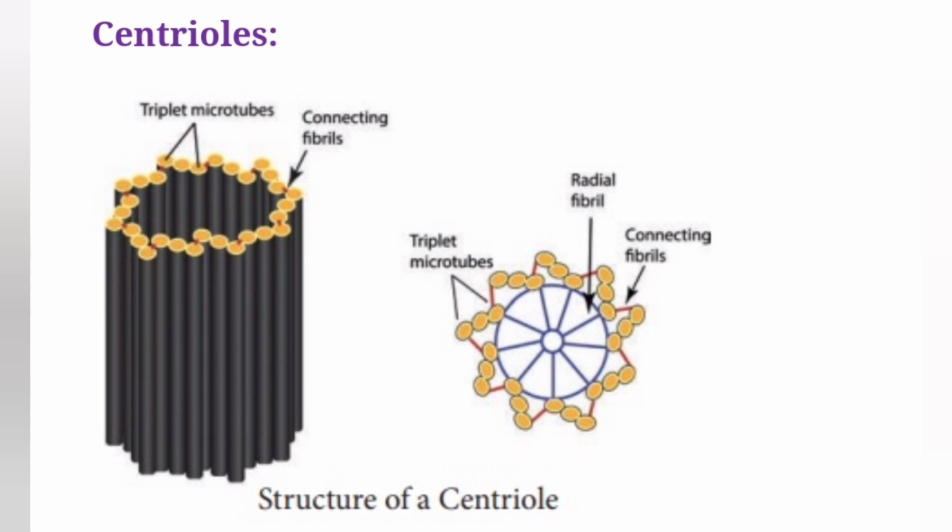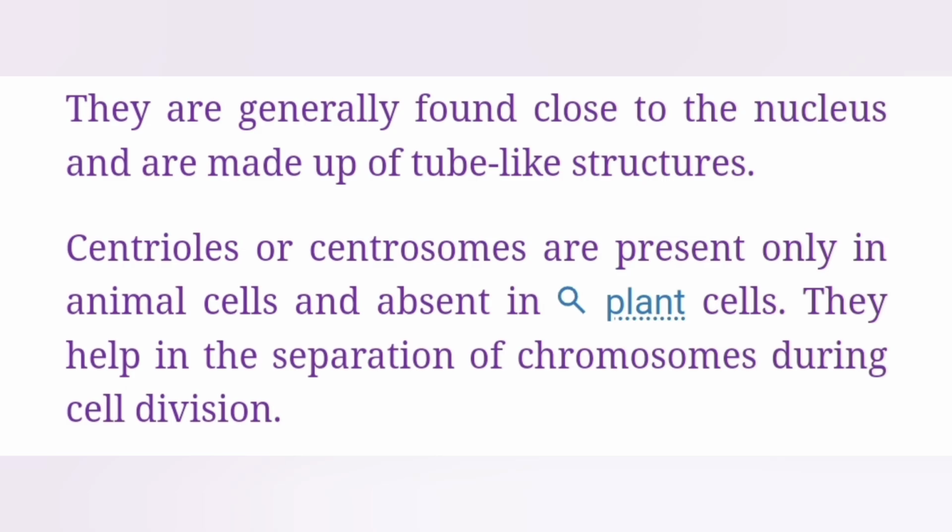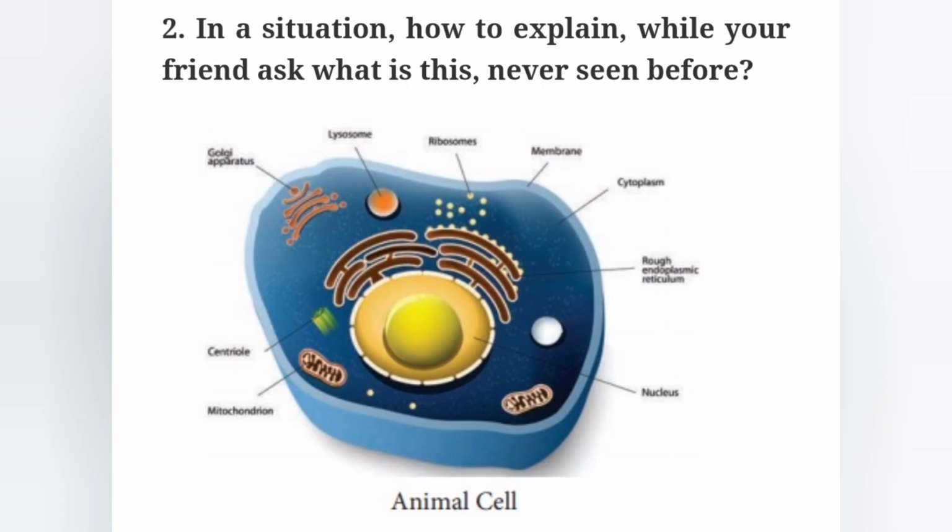Next one, the centrioles, the structure of the centriole. They are generally found close to the nucleus and are made up of tube-like structures. Centrioles or centrosomes are present only in animal cells and absent in plant cells. They help in the separation of chromosomes during cell division.